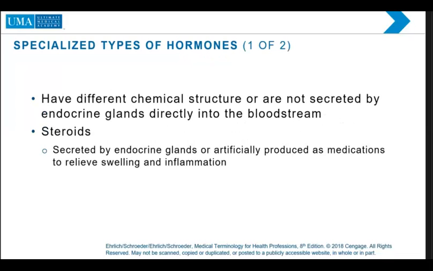There are also specialized types of hormones having different chemical structures or that are not secreted by the endocrine gland directly into the bloodstream. Steroids are secreted by endocrine glands or artificially produced as medications to relieve swelling and inflammation.